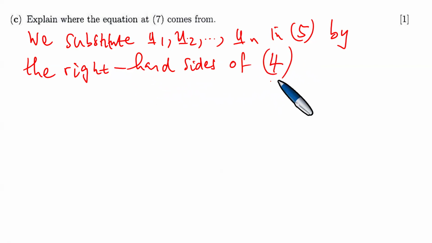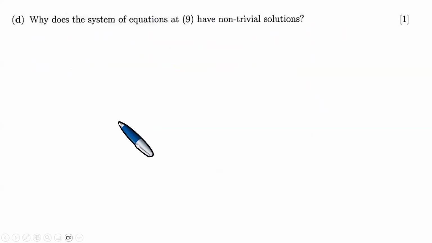Anyway, you substitute all the equations in 5. So you put all these U1, U2 into equation 5, and that is where the equation at 7 comes from. Let's move to the next point.